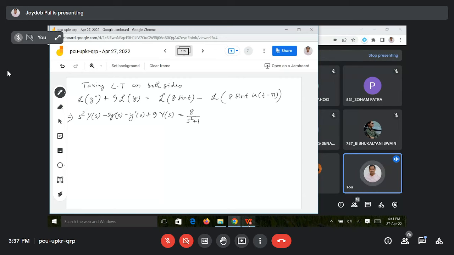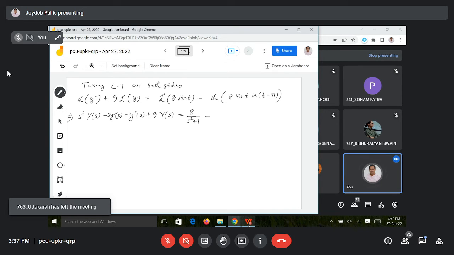Now what is the Laplace transform of the next part? Can you tell me? It is of the form f(t) into u(t minus a), right? So you have to apply the modification of t-shifting. So what will it be? Here a is confirmed. What is a? It is pi.